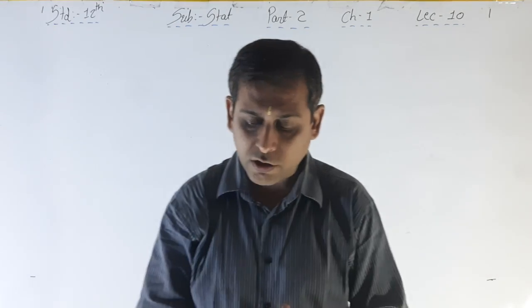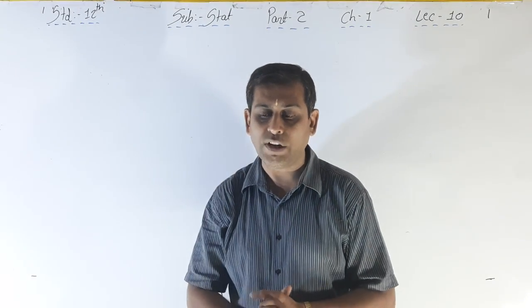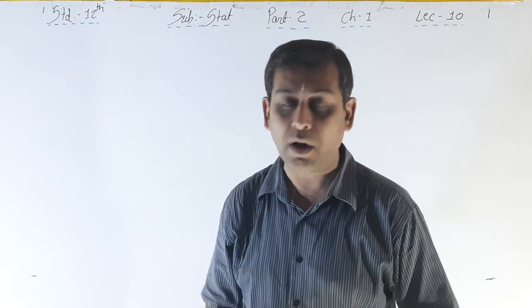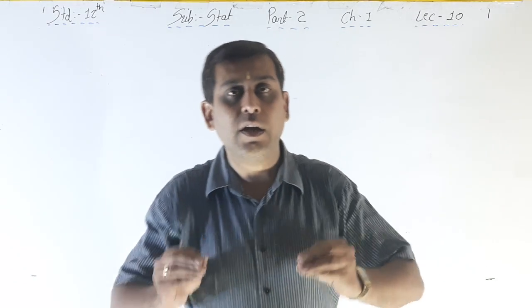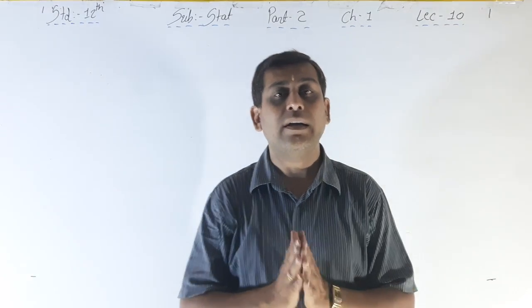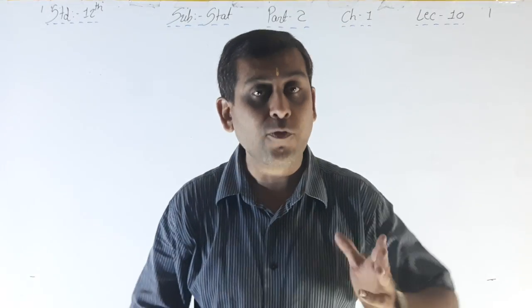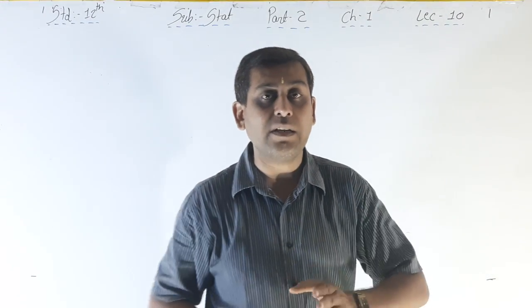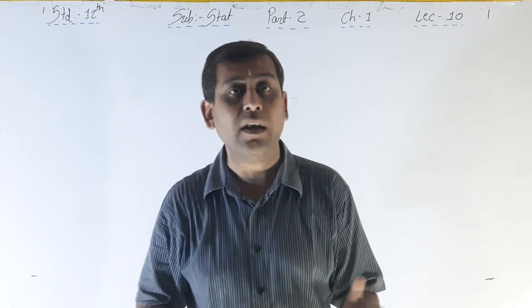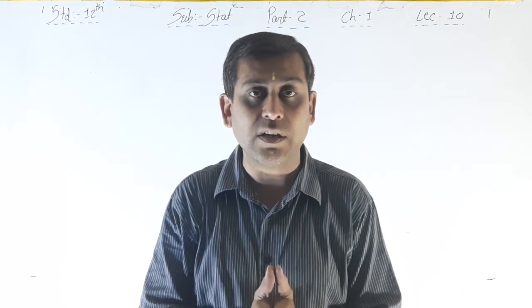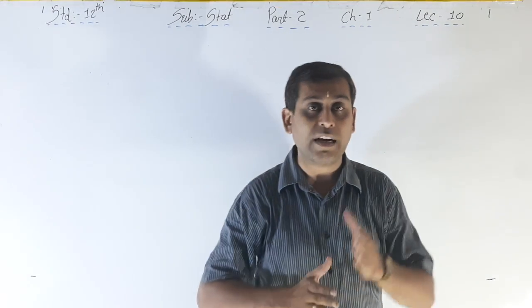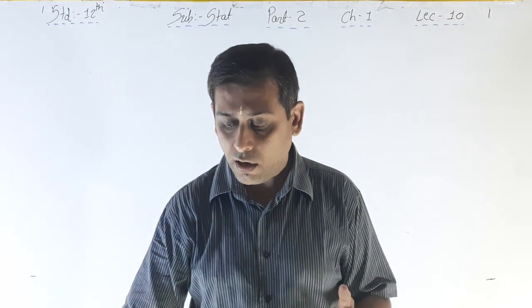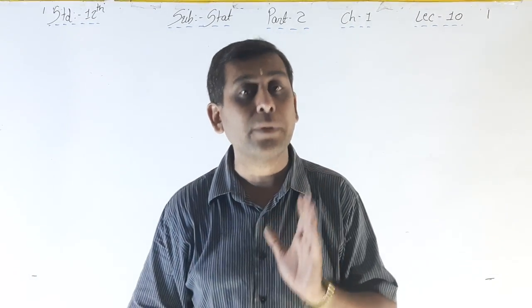A box contains 10 chits, of which 3 chits are eligible for a prize. See, in one box, a total of 10 chits are there, and from that 3 chits are eligible for a prize. That means in 3 chits a prize is there, and the remaining 7 chits are non-prize, not eligible for the prize.